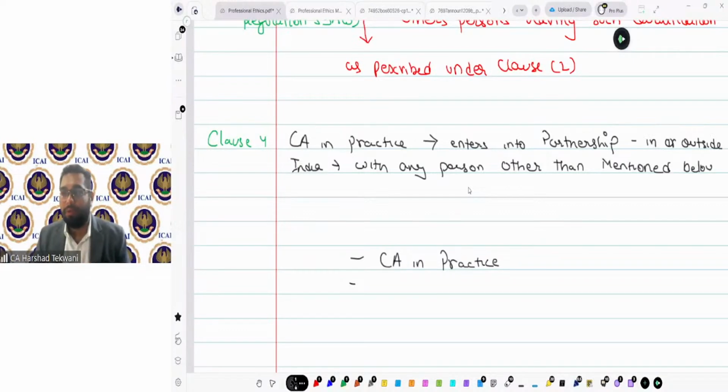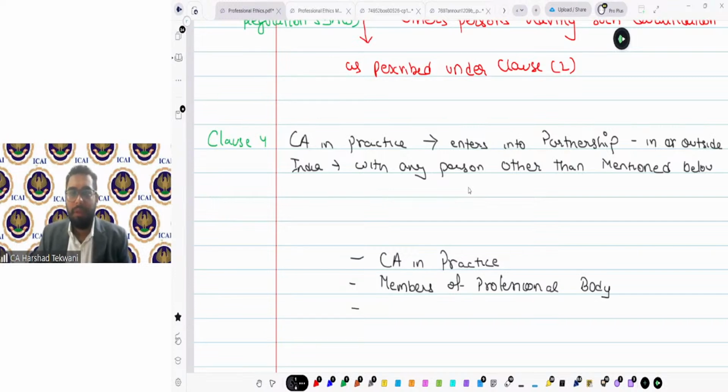The second one which is allowed under this clause is other persons who are members of any professional body, members of professional bodies having such qualifications as may be prescribed.